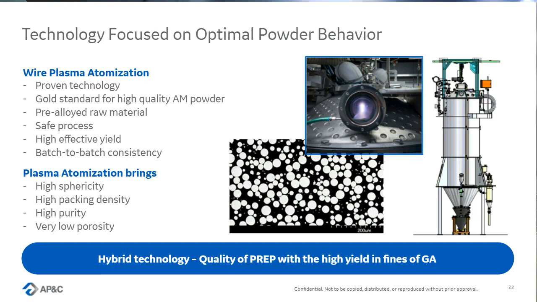And for technology to make powder, there's a lot that's available. What has become the gold standard for titanium in medical is plasma atomization, for many reasons. It's a proven technology used for many years. The first thing is that it uses a pre-alloyed raw material.